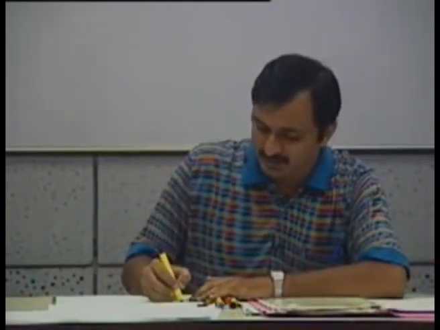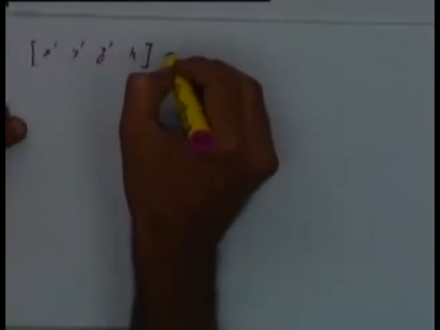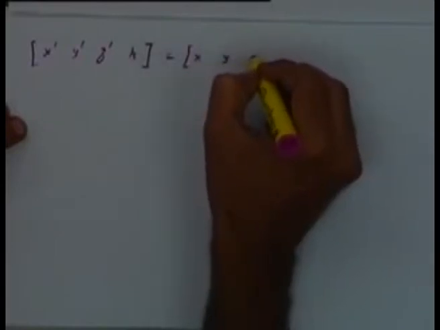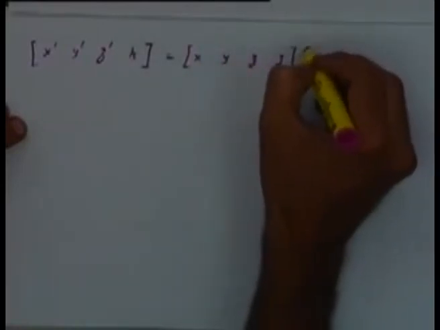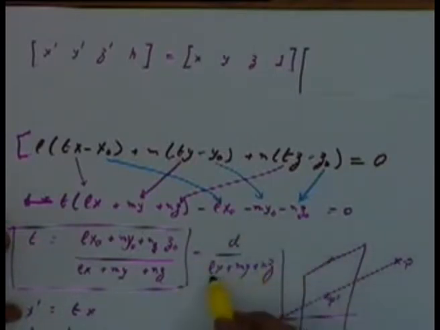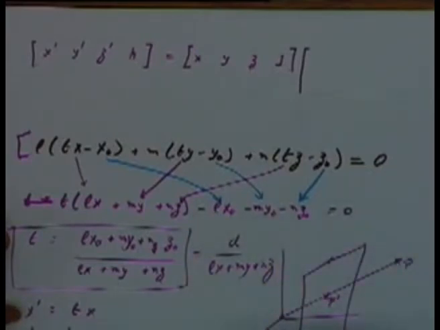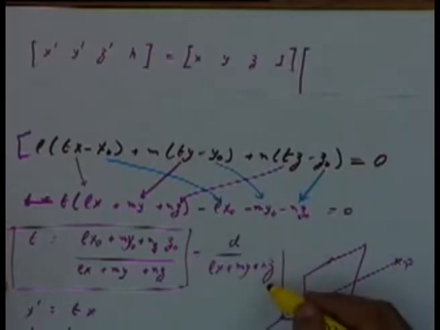We have to say x prime, y prime, z prime, h. X prime is t times x, but t is given by this. Again, Lx plus My plus Nz is coming in the denominator, so this is also a non-linear transformation. I can put these terms here.